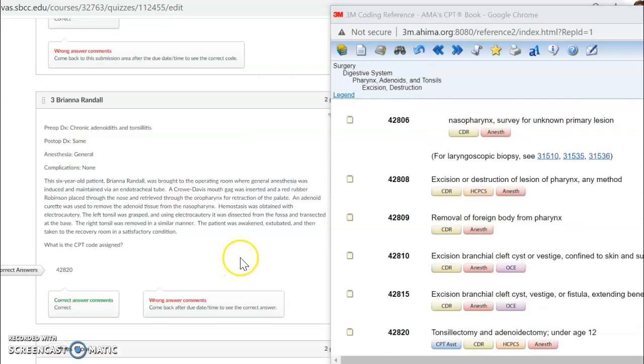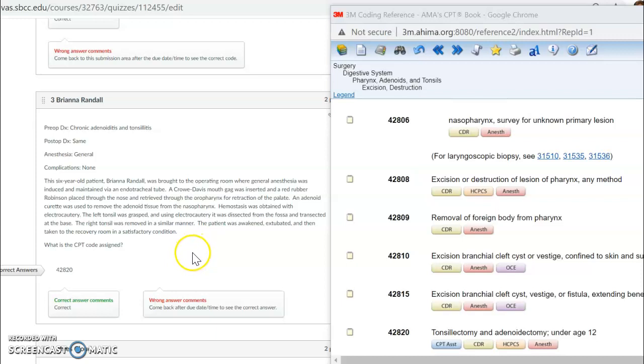Number 3, Brianna. So we have adenoiditis, tonsillitis. Patient came into the OR. They did anesthesia. So let's look here. They went through the nose, through the oral pharynx, retraction, and then they did an adenoid.